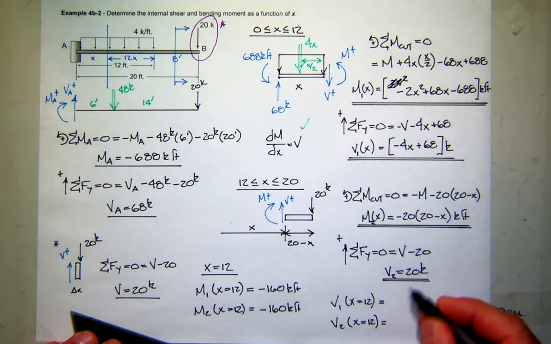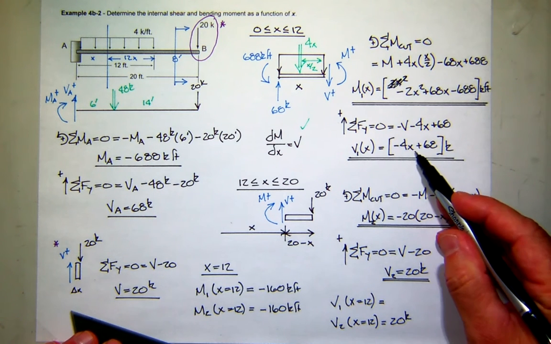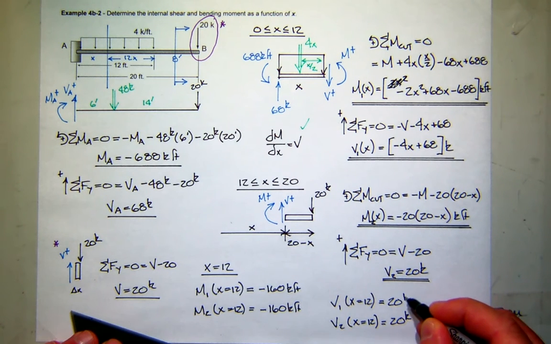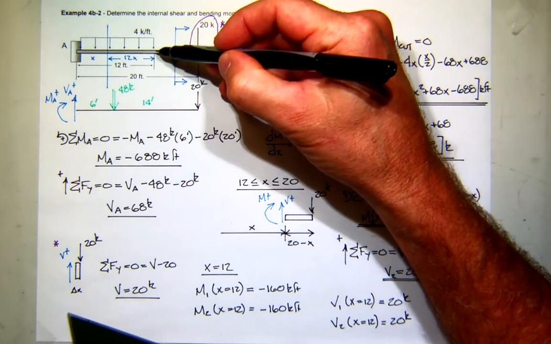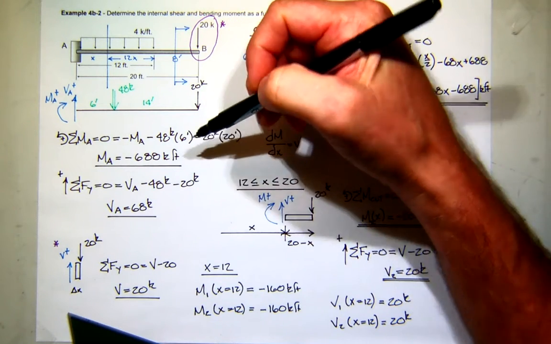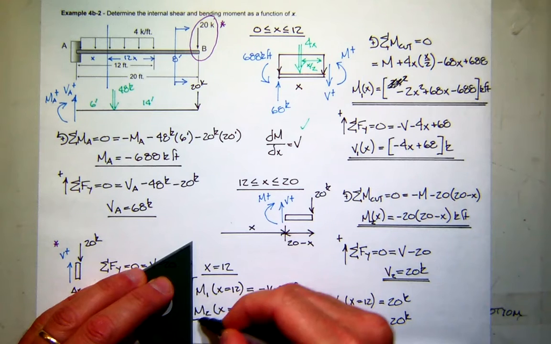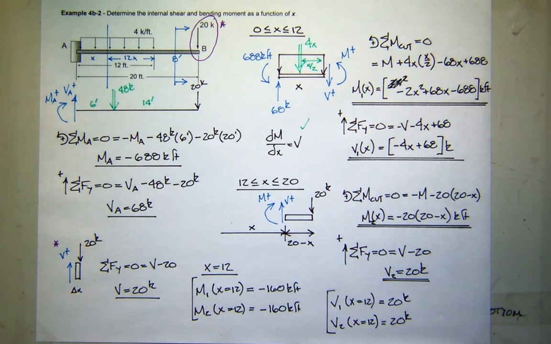Well, I can get the second one. That's easy. It's 20 kips. What's the shear from this one at x equal 12? Looks like 20 kips. So you can see they are continuous, and there's really not a point load there to make it jump. So that's another way you can check those things. You can actually look to see if your equations give you what's actually happening.